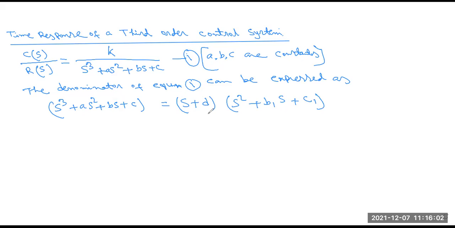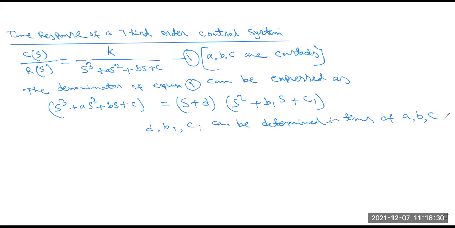Here D, B1 and C1 are other terms that can be determined in terms of the previous constants A, B and C.